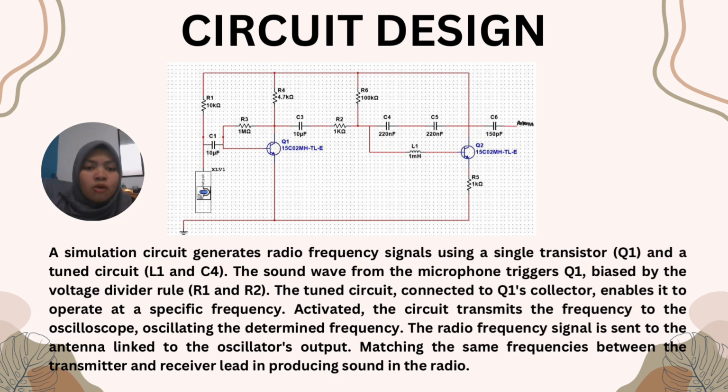So the activation of this circuit will transmit the frequency to the oscilloscope, and an oscillating process happens to determine the frequency. The radio frequency signal will be sent to the antenna linked to the oscillator output, and matching the same frequency between the transmitter and receiver will result in producing sound in the radio.